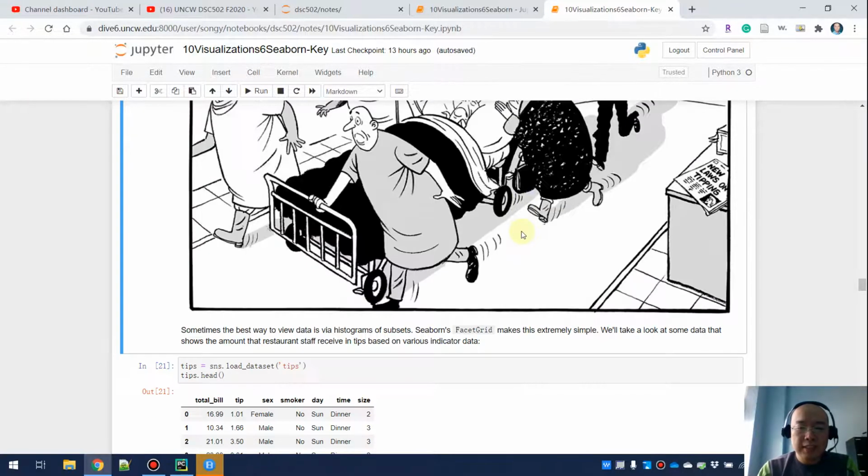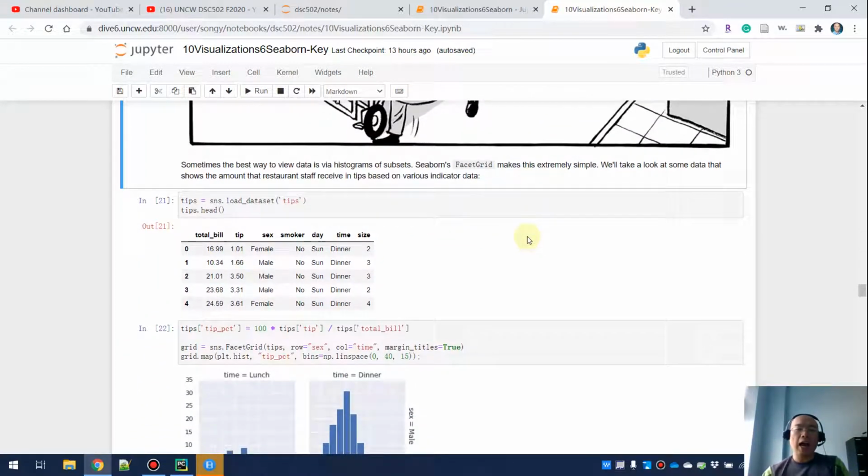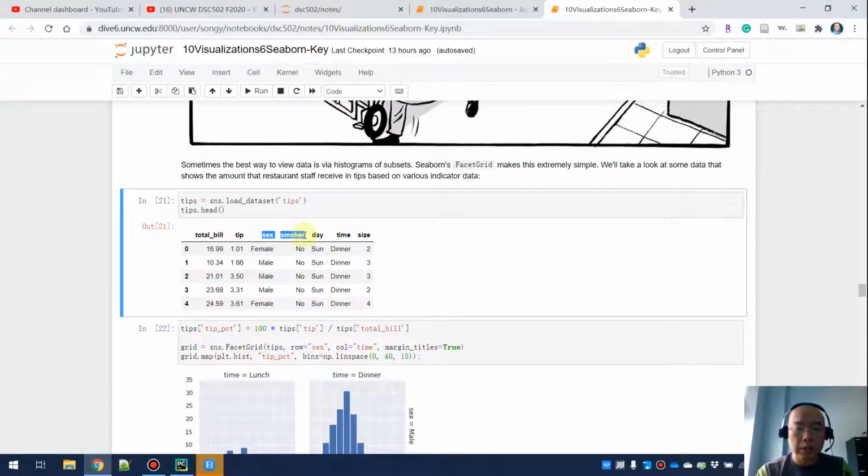So for this dataset, we have a tip dataset. You have the total bill and then the tip added on to the total bill, the gender of the customer, whether that customer is a smoker or not, which day of the week it is, and then the time. For the time, we have dinner and lunch, and then the size of the party.